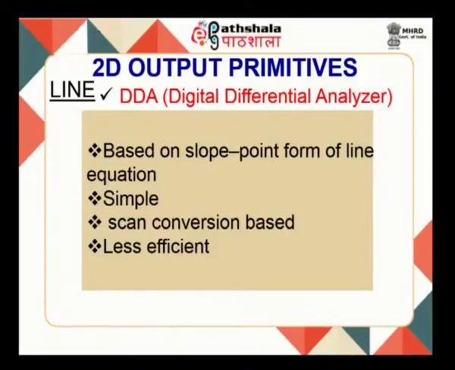This algorithm is the simplest and most rudimentary procedure, and it is also a scan conversion based procedure. As you might remember, the process of scan conversion is like this: the algorithms give us a set of values, and scan conversion represents them as a matrix of values so that we can finally put them on screen.